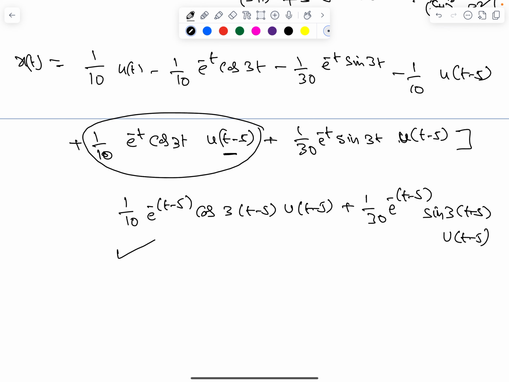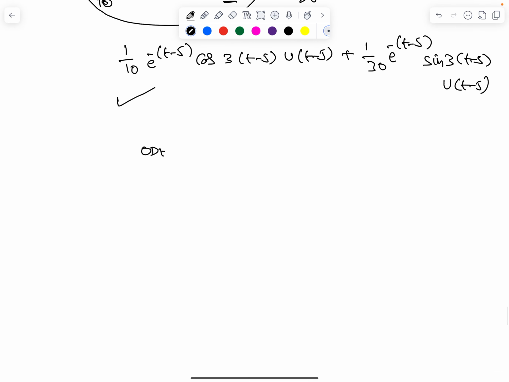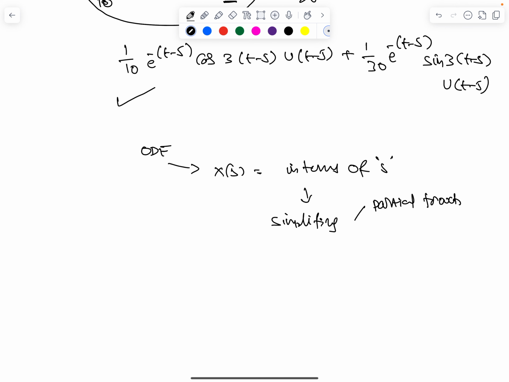So, in the next lecture, we will see how to use the convolution method to find the inverse of a Laplace transform. Suppose an ODE is there, you have converted it into something equal to a function in terms of s. After that, you are simplifying, either using partial fractions or using Pohl's technique, or you can use convolution.